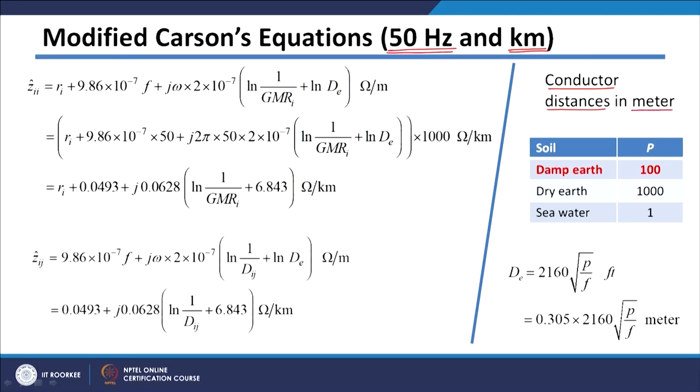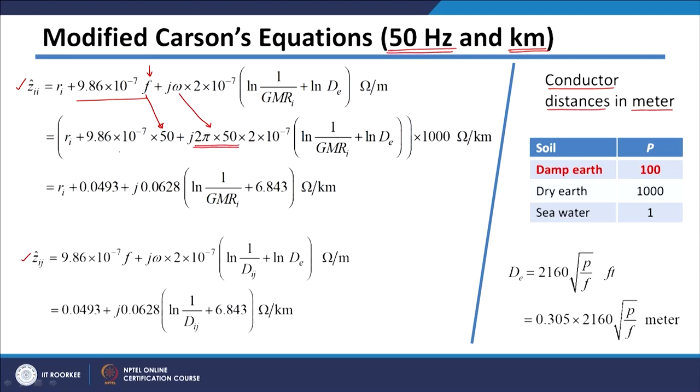So, in that case, the expression given by Carson can be modified like this. This is Carson's equation for self impedance, and in this case this term will get modified. We can put frequency equal to 50 hertz. So, instead of frequency I put 50 hertz here. Also this omega will get modified, and this omega will become 2 pi into 50.